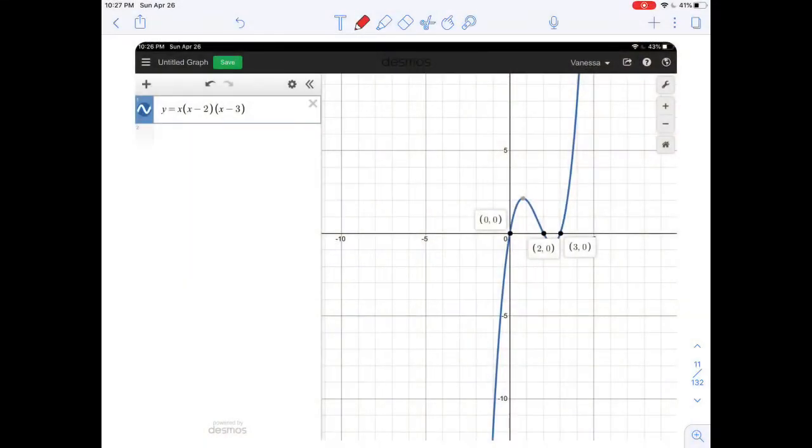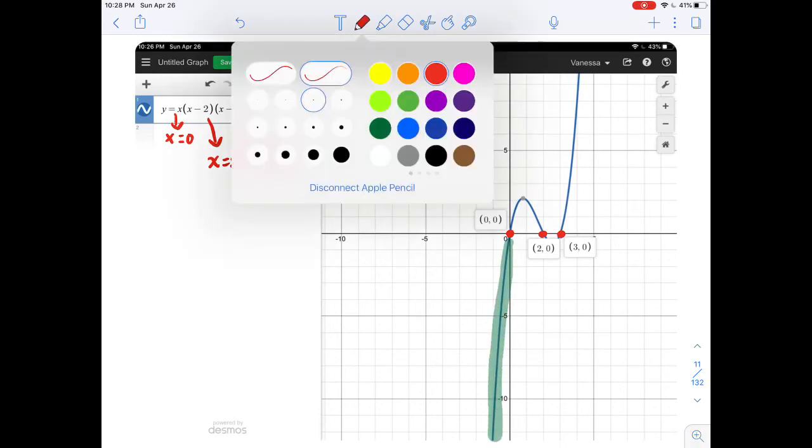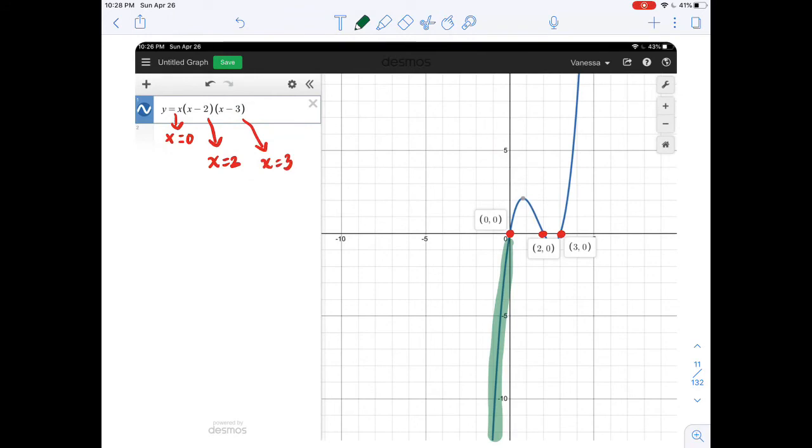So for this equation, I want you to notice that we have x equals 0, x equals 2, and x equals 3. So each factor corresponds to each x-intercept. Now let's analyze what is going on with the behavior of the graph before the first x-intercept and what kind of y values we have.